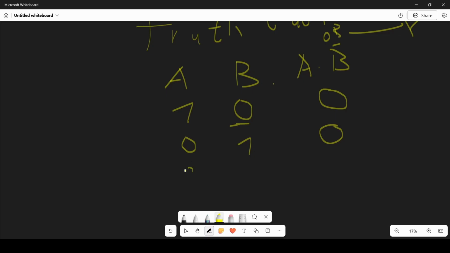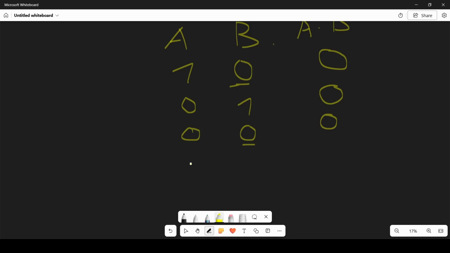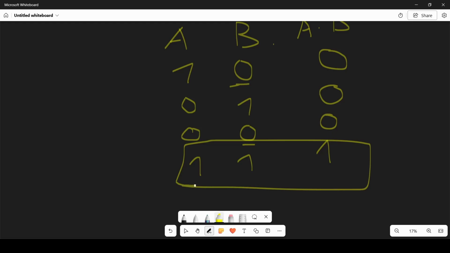Now let's say I didn't click any of them. As the formula said, if there is even one 0, it will give us 0. Lastly, let's say I click both of the switches. It will give us 1. So it will only give the true value when both values are 1.